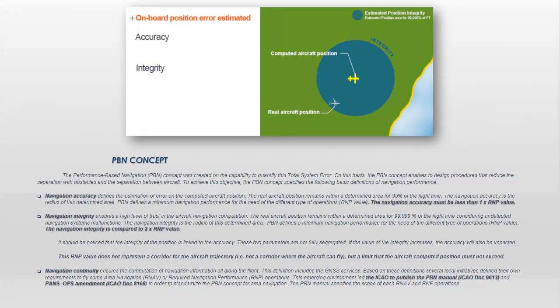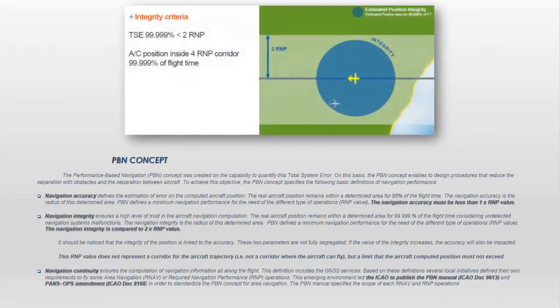The real aircraft position remains within a determined area for 99.999% of the flight time considering undetected navigation systems malfunctions. The navigation integrity is the radius of this determined area. PBN defines a minimum navigation performance for the need of the different type of operations, RNP value. The navigation integrity is compared to 2 multiply RNP value.